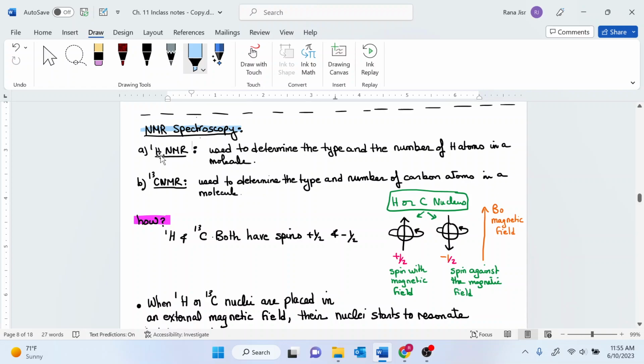Now, the term proton that we are going to use throughout means a hydrogen atom. Precisely, in the NMR, we are talking about the hydrogen-1 isotope.